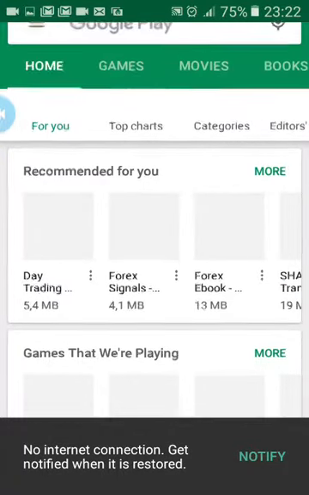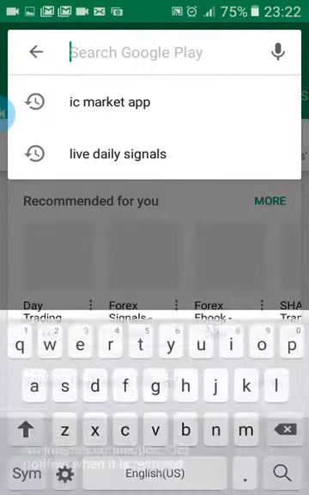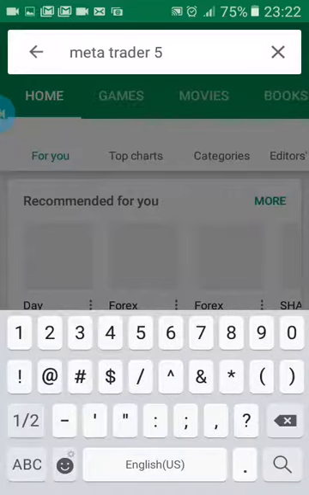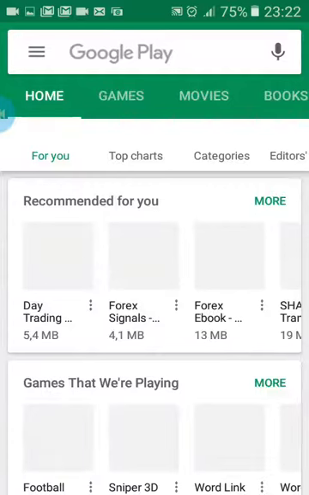It doesn't show all the apps, but this is what you do. You go to your Samsung screen and then you type Meta Trader. You just do this Meta Trader 5, and if you are online, you just press search and it will give you that indication of Meta Trader 5.